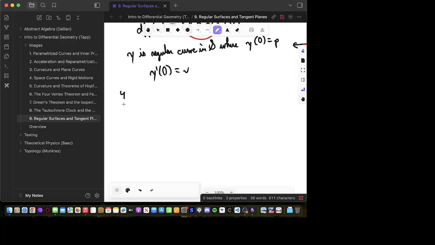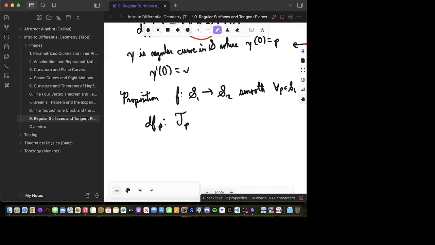let's continue with a proposition. If we have a function between two regular surfaces and it is smooth, then its derivative at any point p in S1 simply takes the tangent plane of S1 at p to the tangent plane of S2 at f of p.